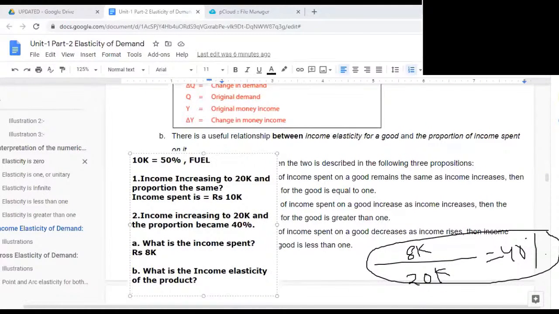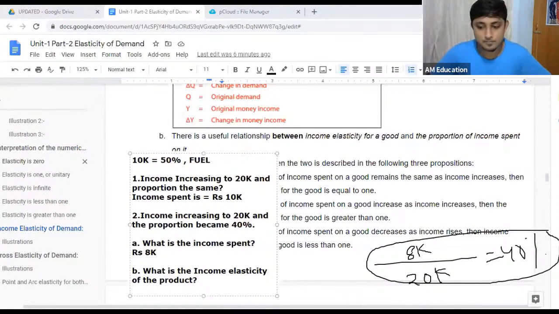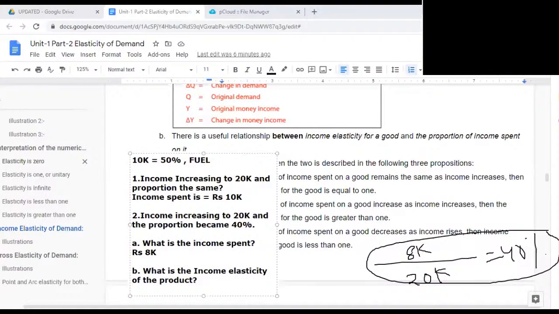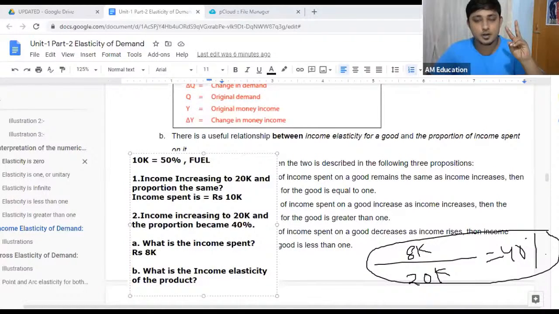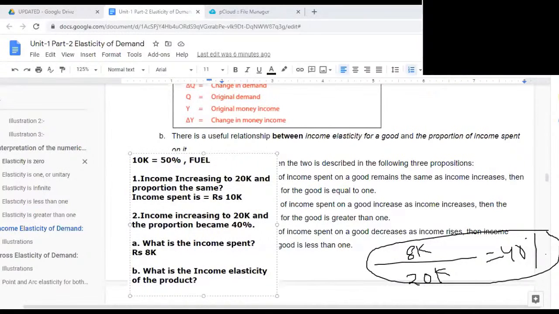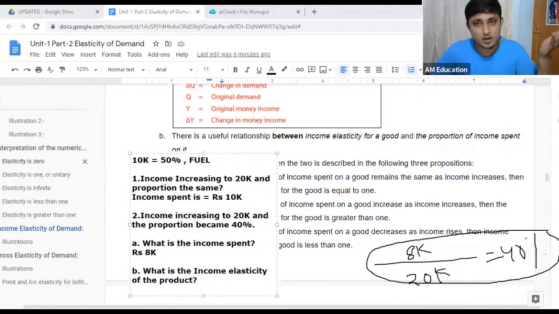How did you say that it is less than 1? What are the two things that you have to compare? Income change and proportion change. So what happened? Income increased. What happened to the proportion? Proportion is decreasing. That's why you said it is less than 1, right?